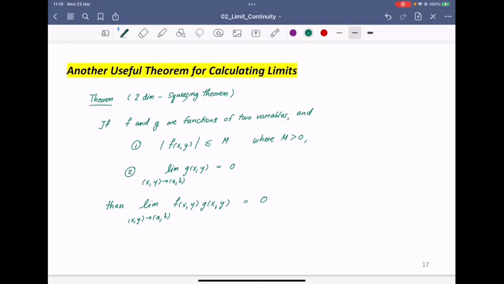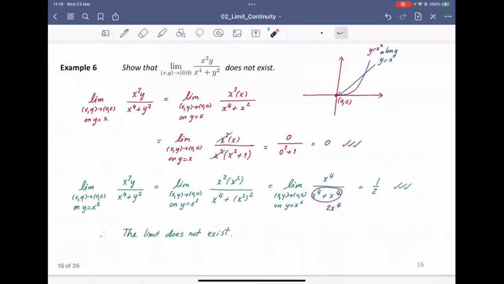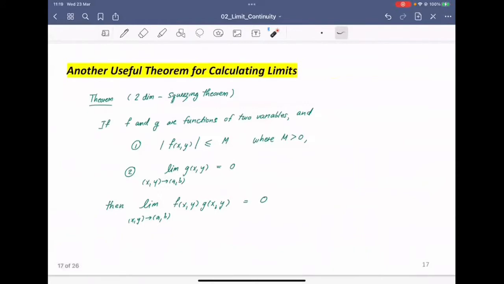But what if you try to do that and you always get 0? Let's suppose this is a different function and you keep picking lines and you always get 0, 0, 0, and you feel like you're about to give up because every line always gives you 0.